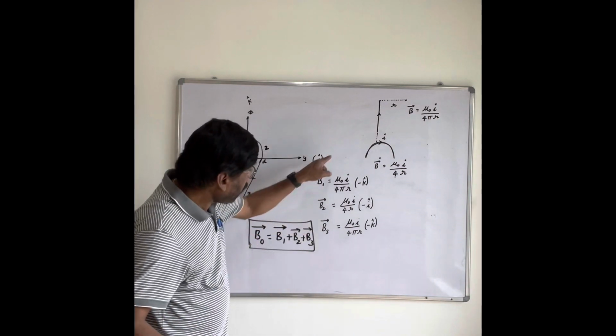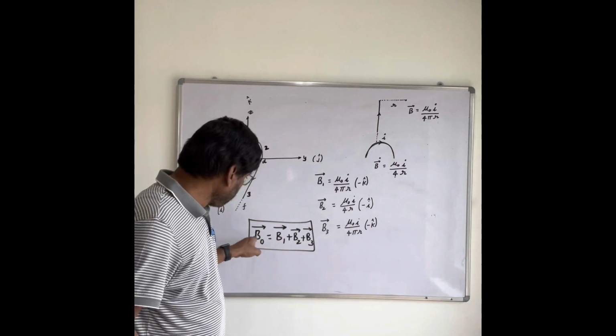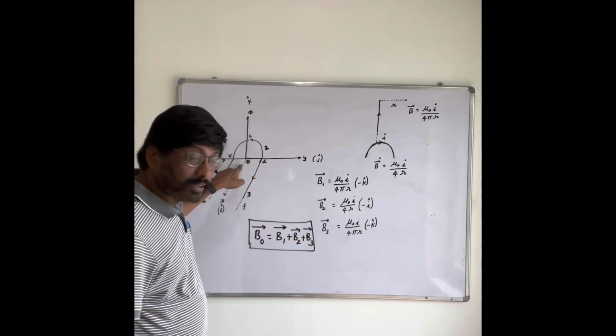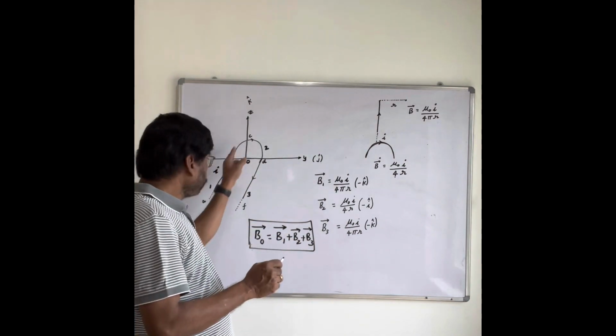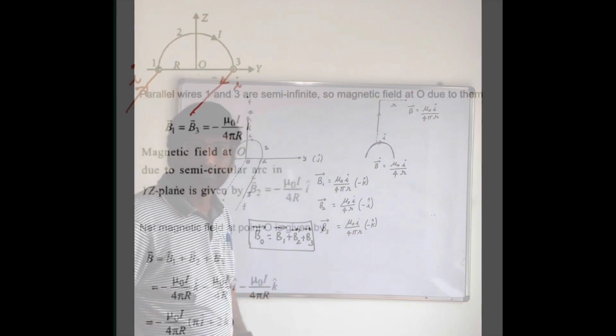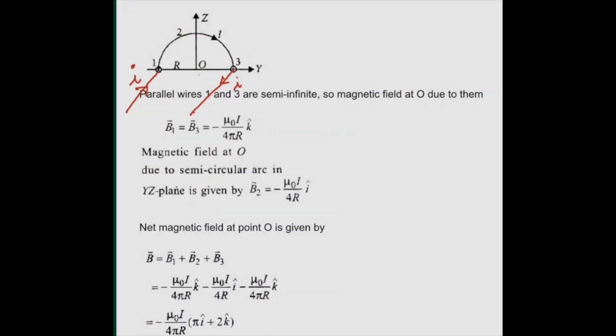Add all these vectorially and you will get the total magnetic field at the center due to all three parts. So B is equal to B1 plus B2 plus B3, and you will get the answer: mu naught I by 4 pi r times (pi i cap plus 2 k cap), of course with a minus sign. This is the answer.